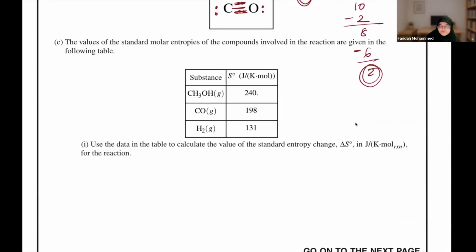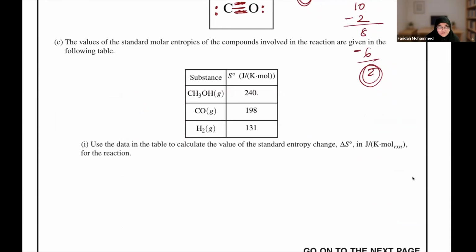Now, for C, you have 2 points here, okay? Please, whenever they ask you to find delta G, delta H, delta S, the first thing you want to say, when it's product minus reactant, you have to show the formula. The formula itself is 1 point. Don't just go directly put in the numbers. Product minus reactant.